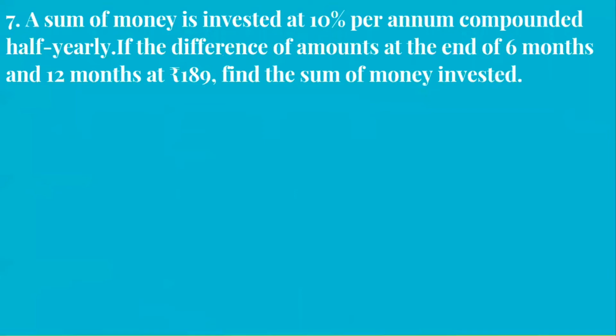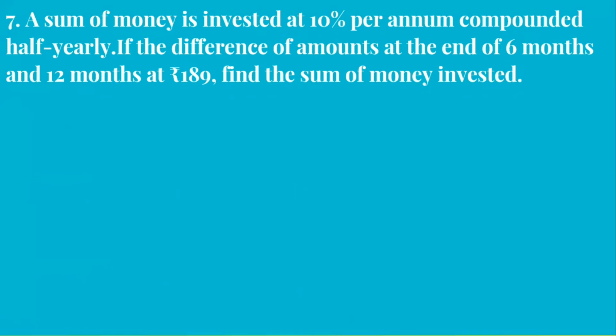Got it? The question says a sum of money is invested at 10% per annum compounded half yearly. If the difference of the amounts at the end of 6 months and 12 months is rupees 189, find the sum of money invested.